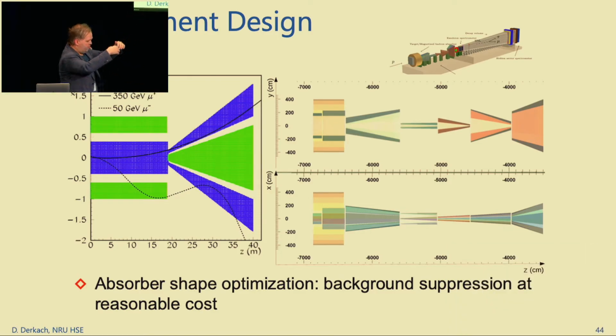That's why we put very big magnets, and the magnets should take the particles out of the detector.